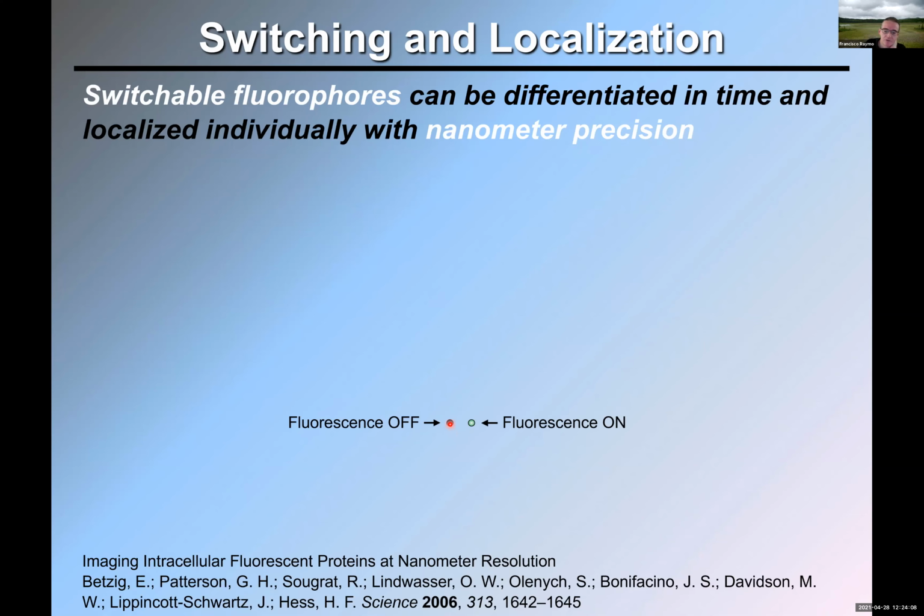So let's say that you have two of these molecules right next to each other, but only one is on, right? Then the microscope can detect the diffraction pattern of the molecule that is on only. And one can detect that particular molecule at the single molecule level if the detector is sufficiently sensitive.